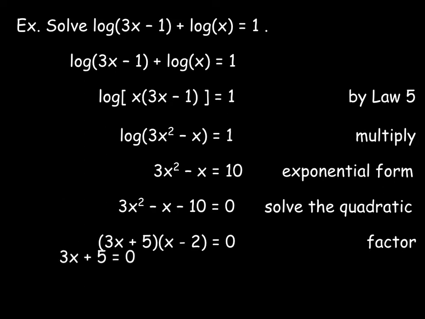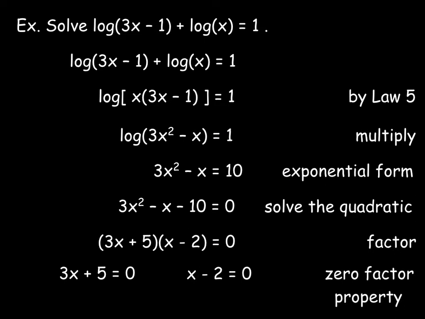Applying the 0 property, we get two linear equations: 3x plus 5 is 0, or x minus 2 is 0. Solving each of these, we get our two potential solutions. X is negative 5/3 or x is 2. We must consider domain.